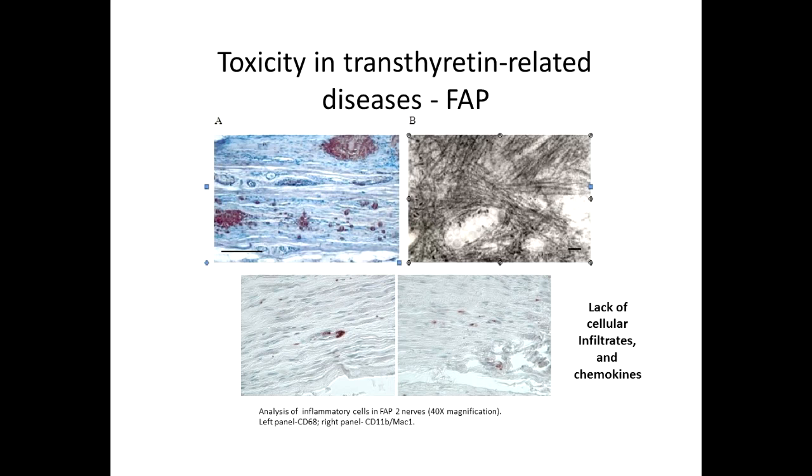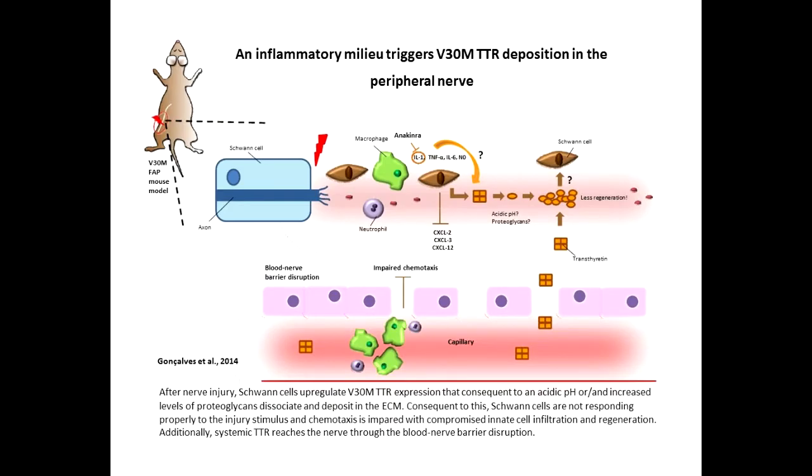So there is no way to get rid of this material. You only have resident macrophages, of course, but you don't have an answer to get rid of these deposits.